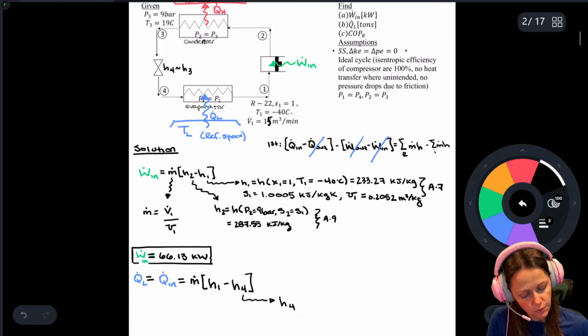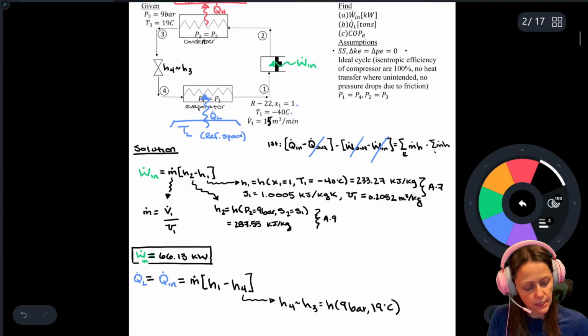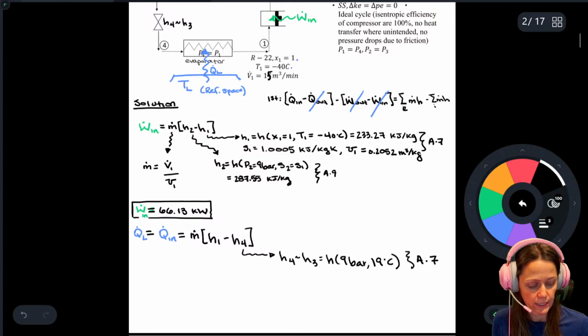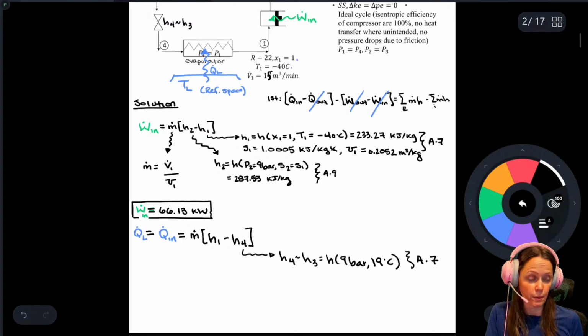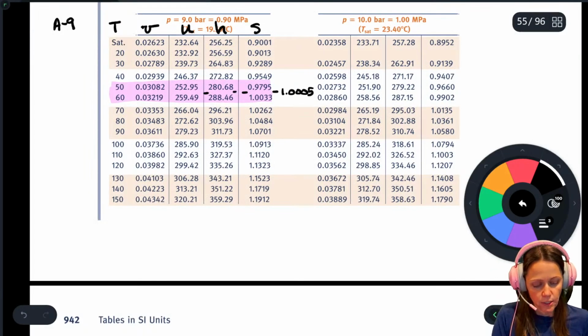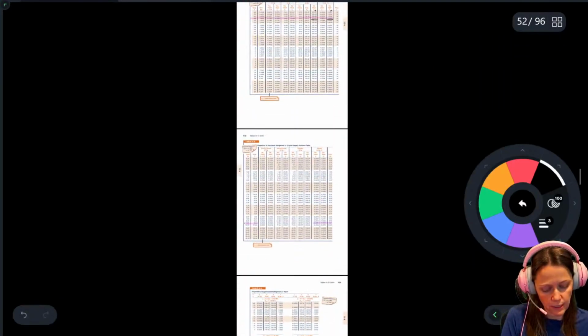And so let's go ahead and get that guy. So H4 is approximately equal to H3, which is going to be at 9 bar and 19 degrees Celsius. So I'm going to go look at my saturated tables. I'm going to look in the ones organized by temperature. I could look at the ones organized by pressure, but I'm going to go with the ones organized by temperature, and I'll show you why in just a hot second. So A7.